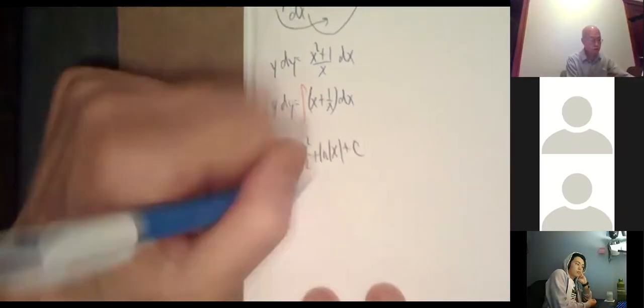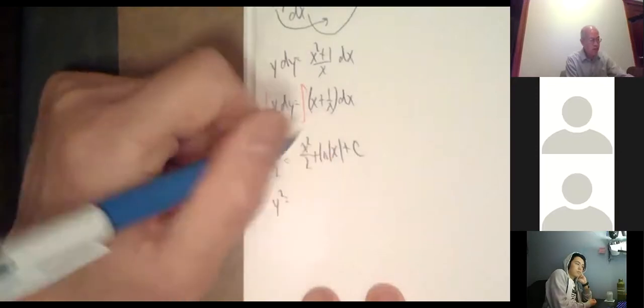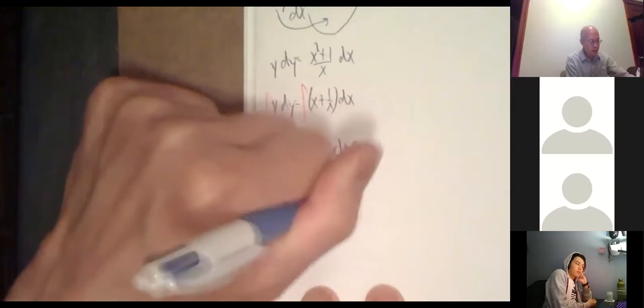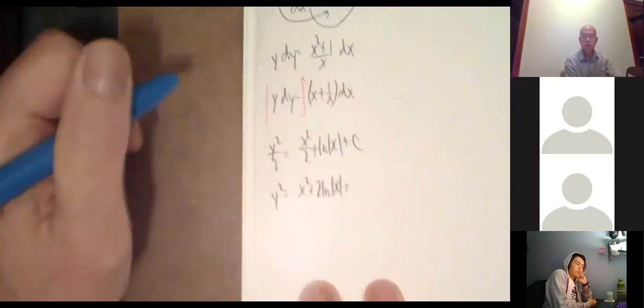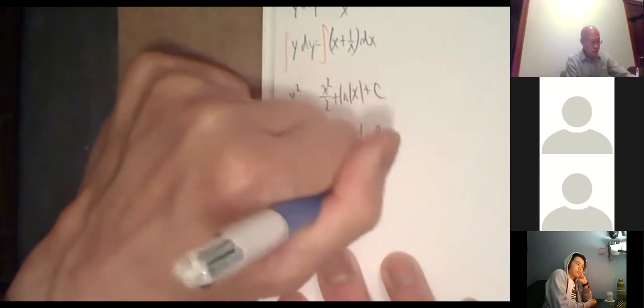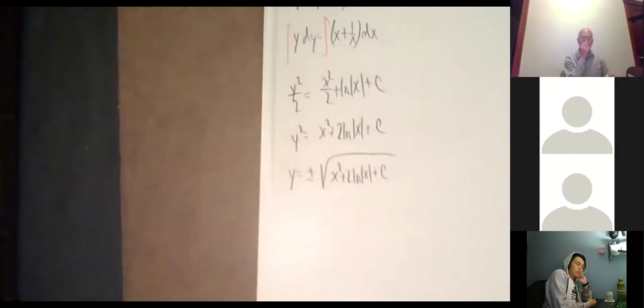Multiply both sides by 2. y squared equals x squared plus 2 ln absolute x plus 2c. 2c is just c. And take the square root. So y is plus or minus the square root of x squared plus 2 ln absolute x plus c. And that's about all you can do for that one.